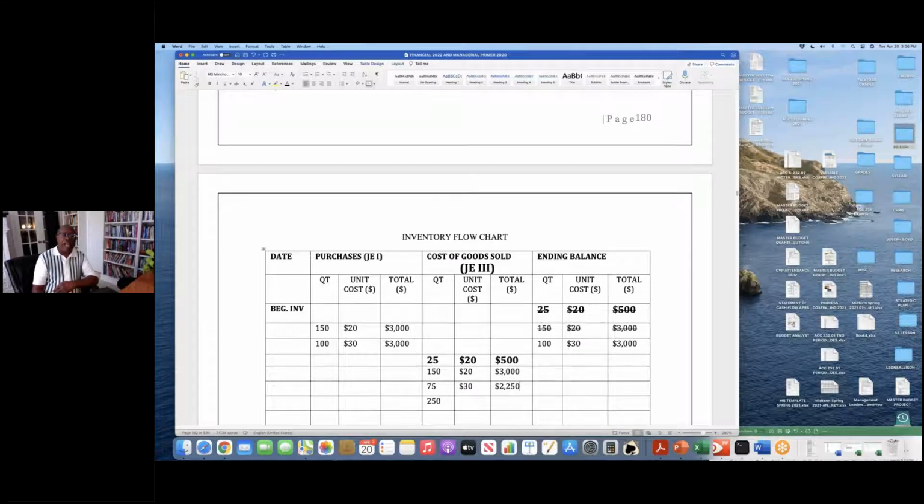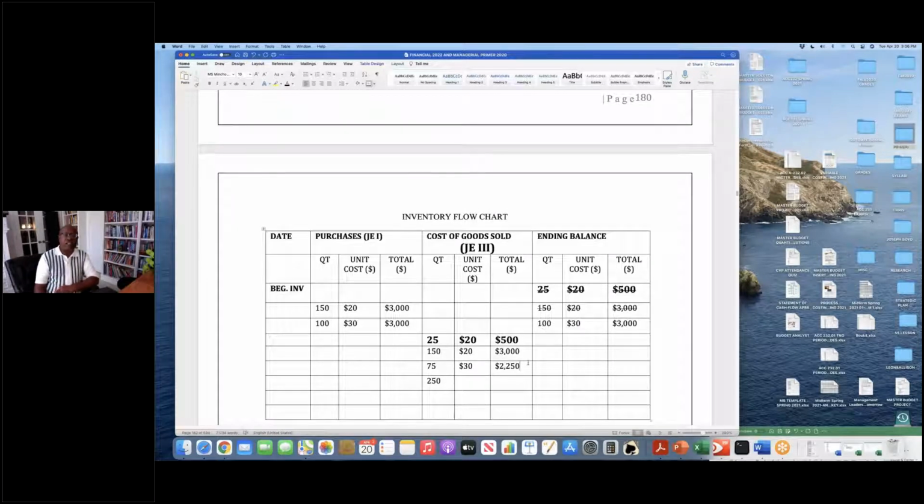So now when we add these up, how much did the 250 cost us? Is that 5,750 maybe? Yes, that's correct.